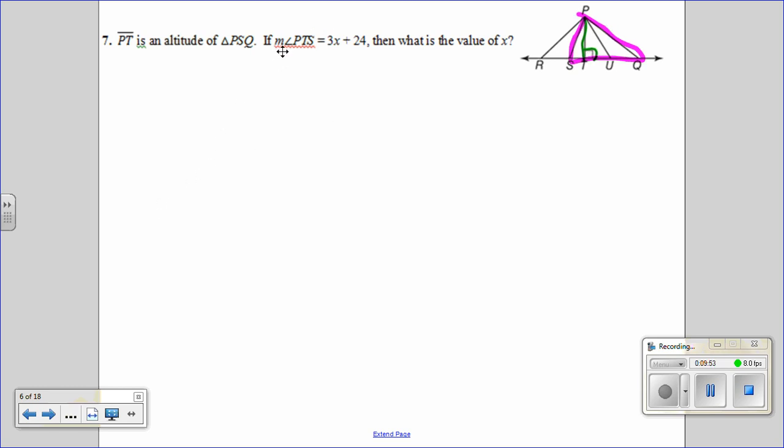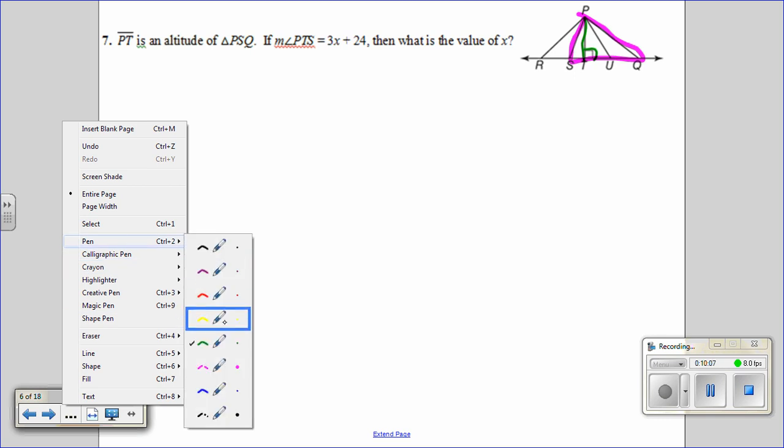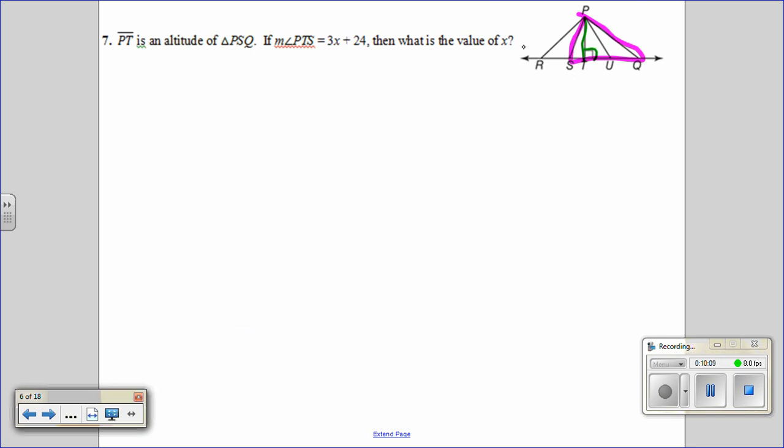It says the measure of angle PTS is equal to 3x plus 24. What is the value of x? Well, since PT is an altitude, it forms a 90-degree angle with not only the one that's shown, but also the one right behind it, right here. So that means the measure of angle PTS is equal to 90 degrees as well.